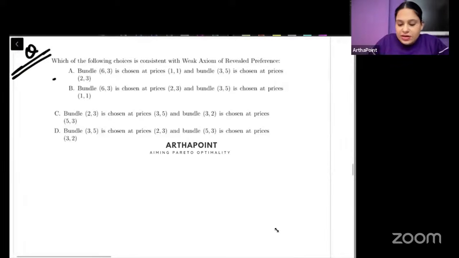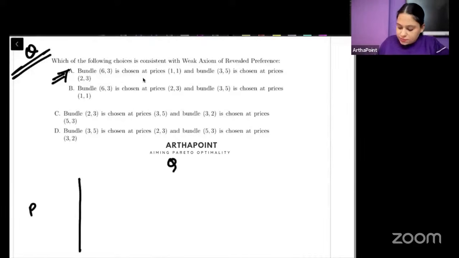Just tell me for bundle for option A first. Let's check. So I'm taking price here and quantity here.